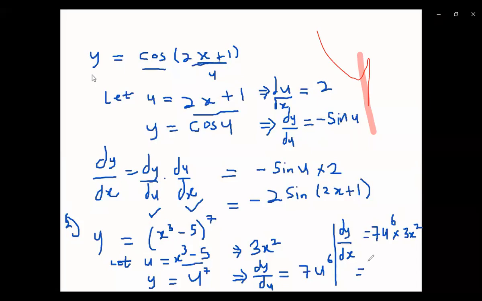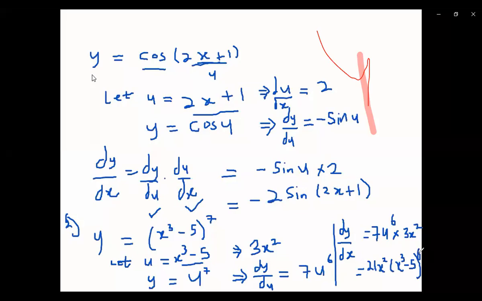Then you can comfortably replace your u with the original value. So that will give us 21x squared times x cubed minus 5, all raised to the power 6, because it's u raised to the power 6.